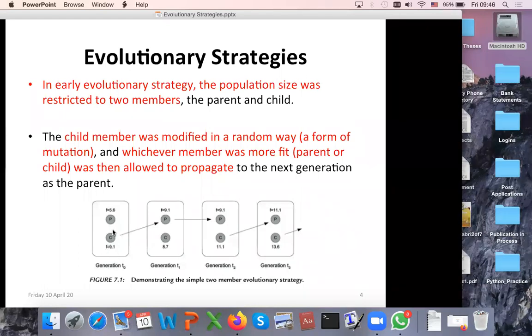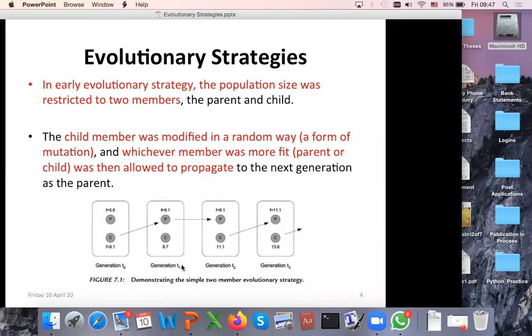So this child has the higher fitness value. Then this child will be allowed to move on to the next generation by performing some recombination operation. The other member with less fitness value would be dead, and that member will have life only for this generation.